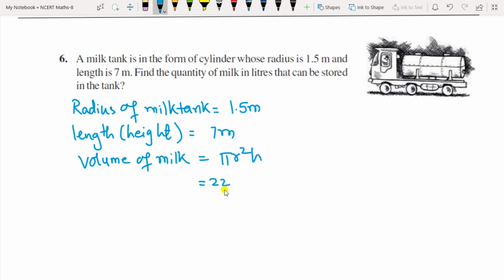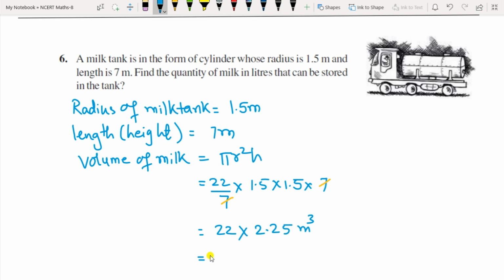So volume of milk is pi r square h, that is 22/7 into 1.5 square, into height 7. So 7 will get cancelled here. The remaining is 22 into 1.5 into 1.5, which is 2.25 meter cube.